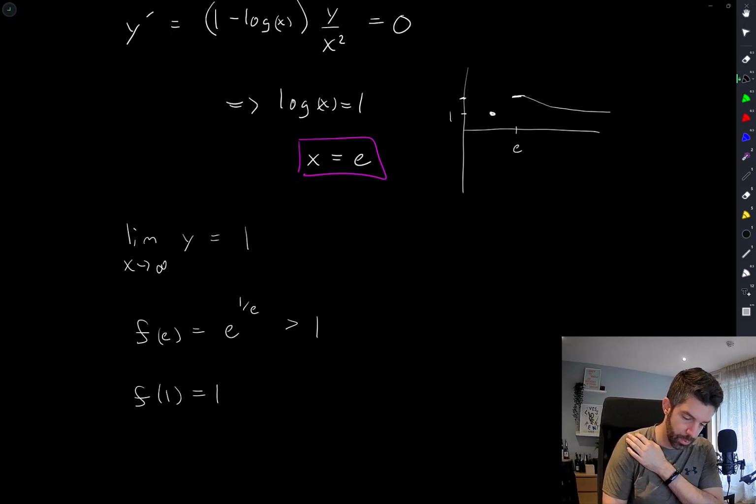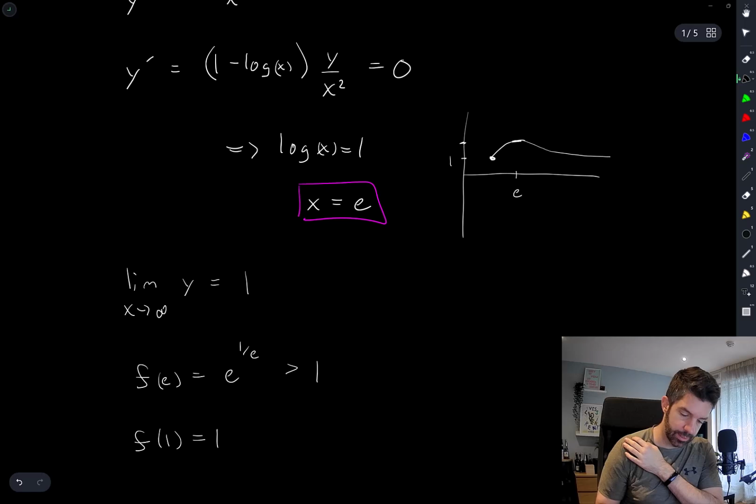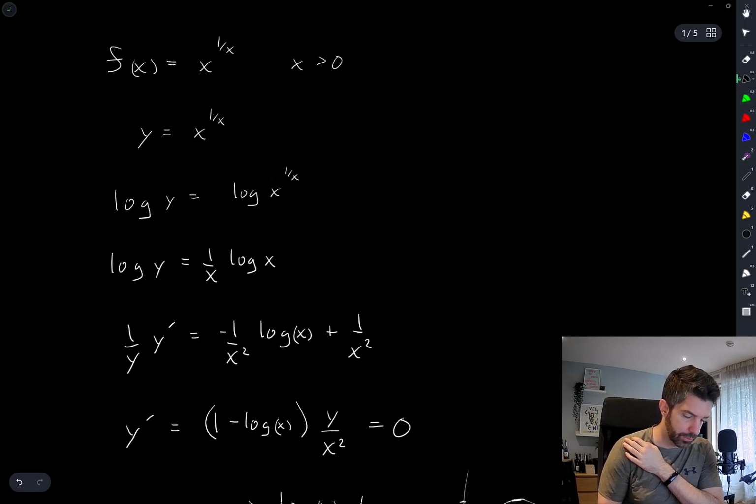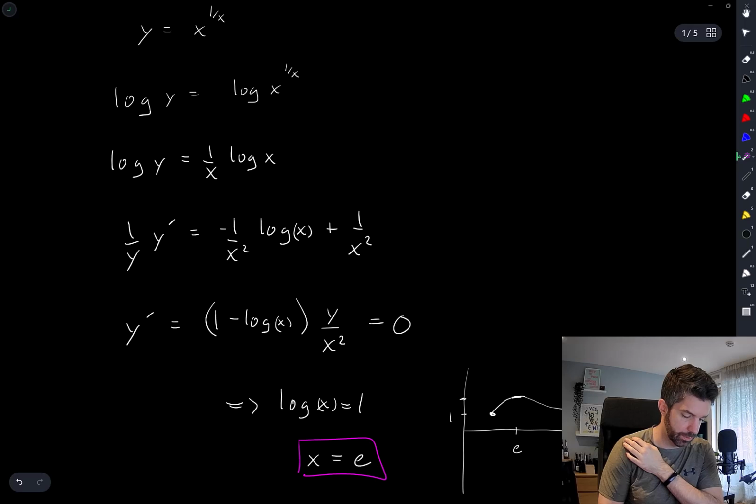So there's another point that the function has to pass through. And it can't turn around again because there's only one value of x where the derivative is 0. So I don't know what the limit is as x approaches 0 of this expression. We could probably figure that out.